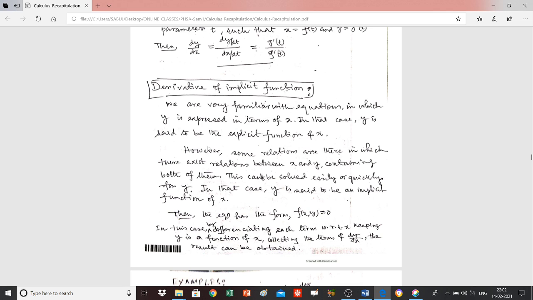we learn from this topic that if y is a function of x, it can be of two types. One is an explicit function of x, and the other is y as an implicit function of x.